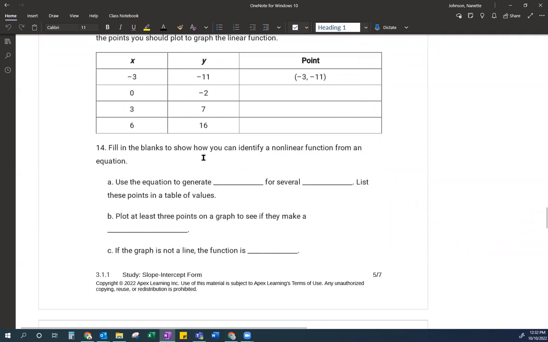Fill in the blanks to show how you can identify a nonlinear function from an equation. Okay, so use the equation to generate y values. Oops, I am still in highlighter mode. Hold on.